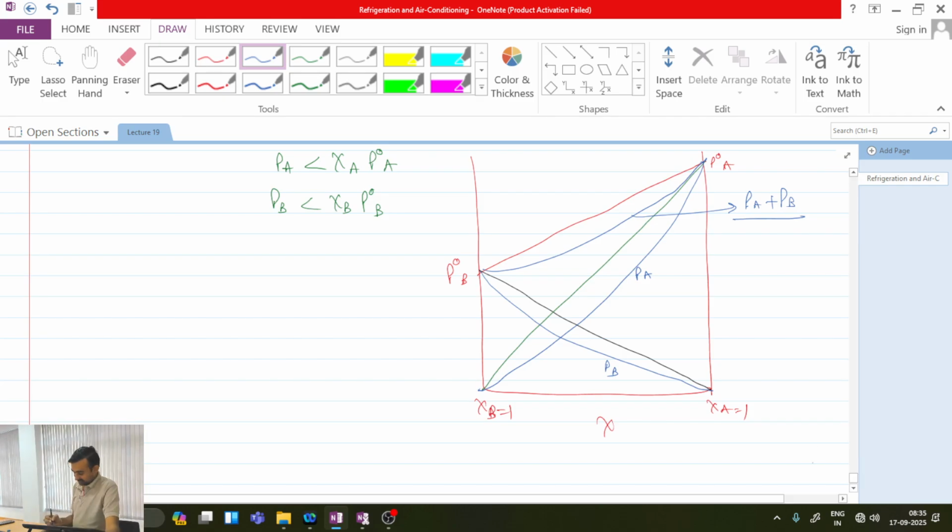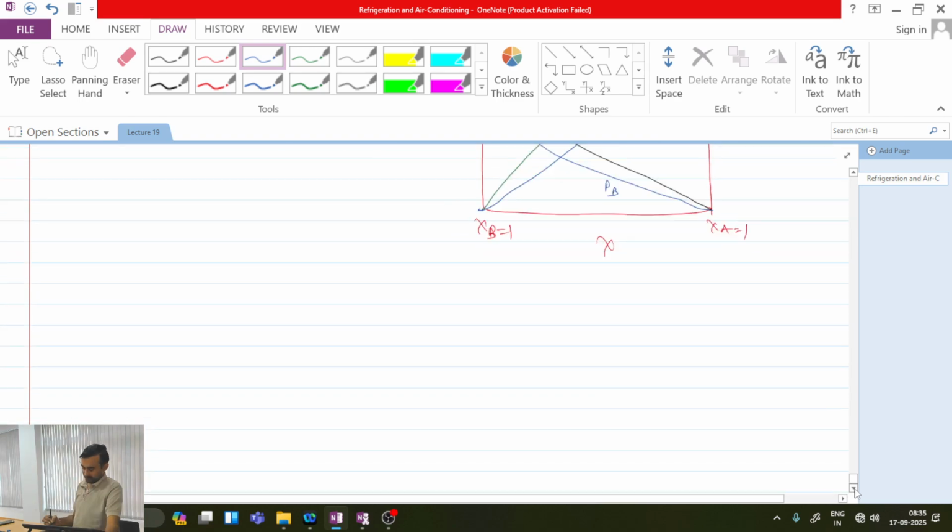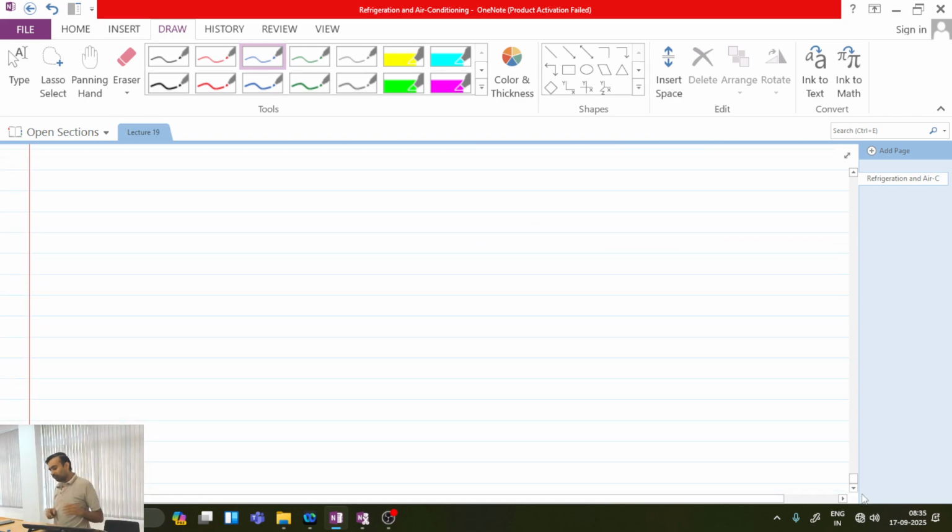Now after the discussion on the pressure composition, let's go to another aspect. Usually, if I have to define a thermodynamic property, what we do? We are having some values known, and then we utilize these values to refer to some property tables, and from the property tables we determine all other values.